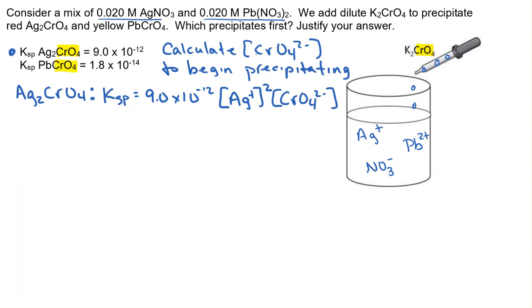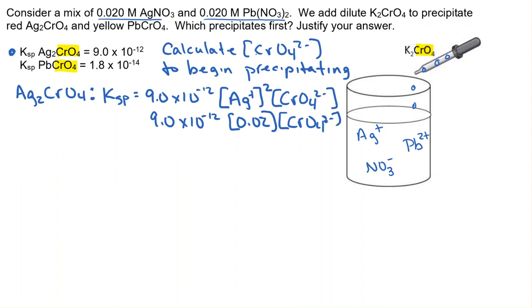So we're going to substitute in the concentration for the silver. So 9.0 times 10 to the negative 12th is 0.02, and I'm leaving off the trailing zero just so the calculation fits on the page.